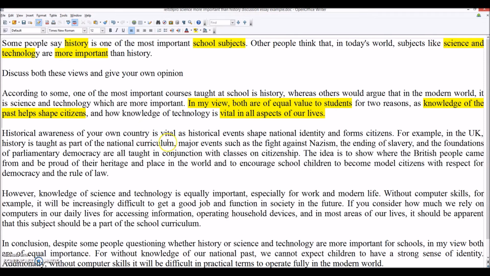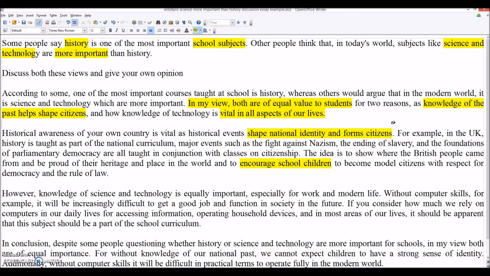Okay, so the main idea here is that history is important and should be taught in school because historical events and awareness of what your country has been through, involved in, helps shape national identity, which in turn is good for shaping us citizens, or citizenship.